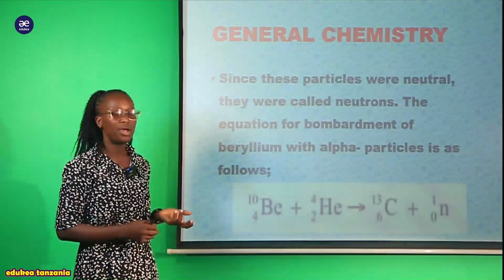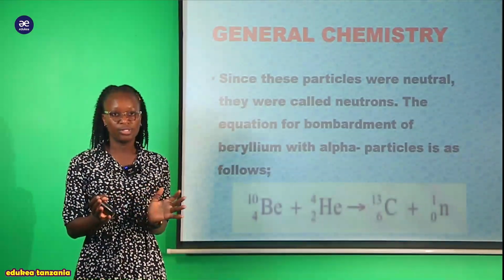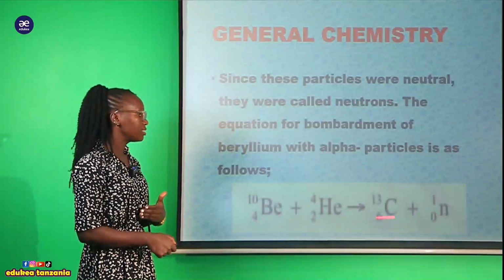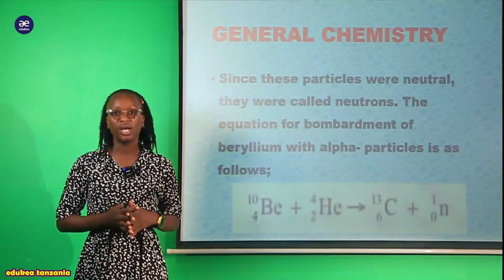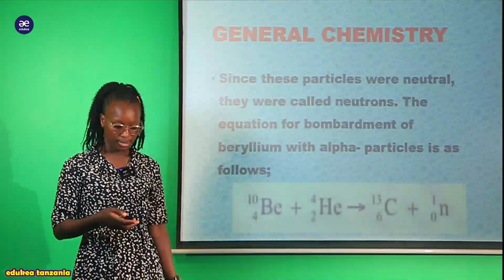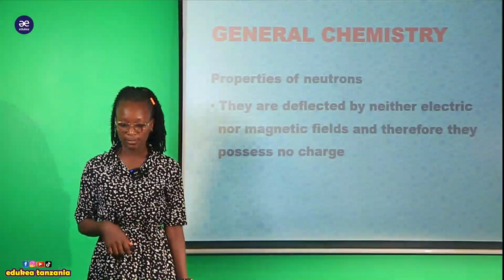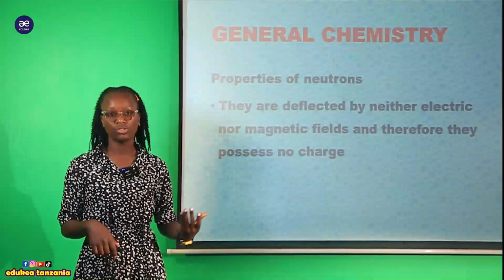So that is how the bombarding was between the beryllium and the alpha particle, and this is the equation which tries to demonstrate that bombardment.